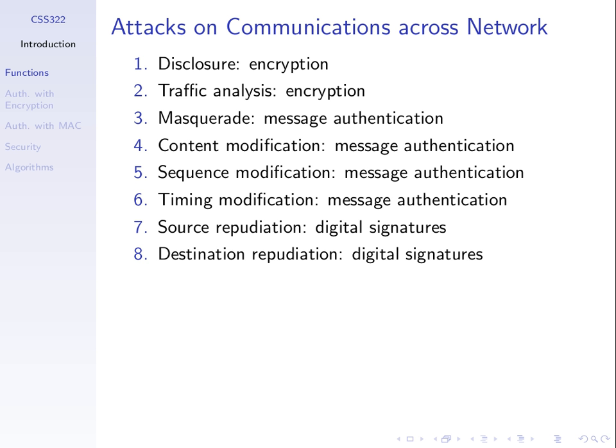What about masquerade attacks? Someone pretending to be someone else? Then we need message authentication to make sure that we can confirm who the message came from. If someone modifies the content, then again we need message authentication to make sure that when we receive a message, it has not been modified along the way. Provide the service of data integrity.